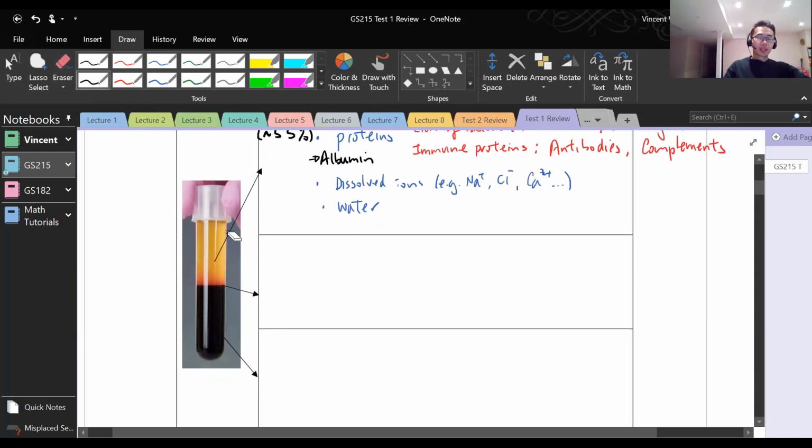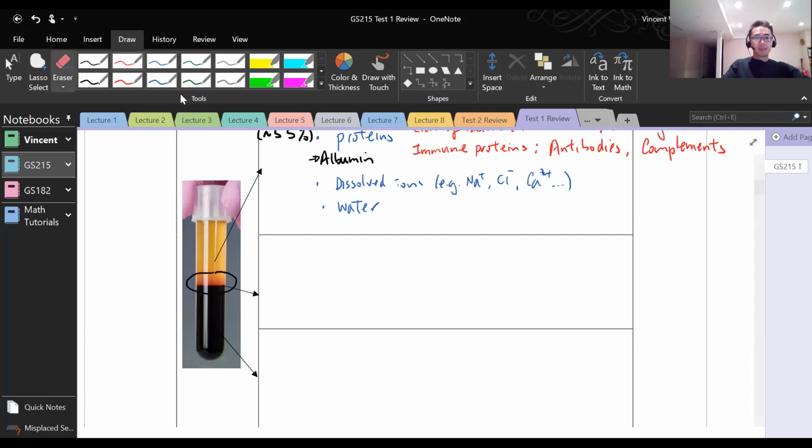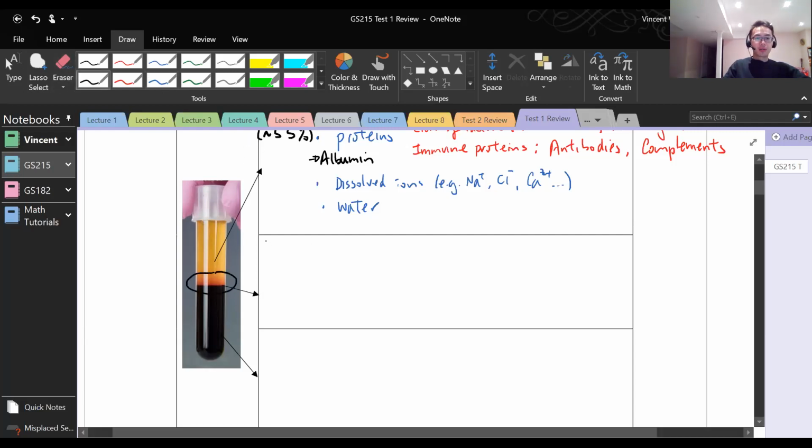Okay. So down here in the middle here, between the plasma and your red blood cells, we have a thin layer. This is the buffy coat, we call it, and that is where you will find your white blood cells plus platelets.